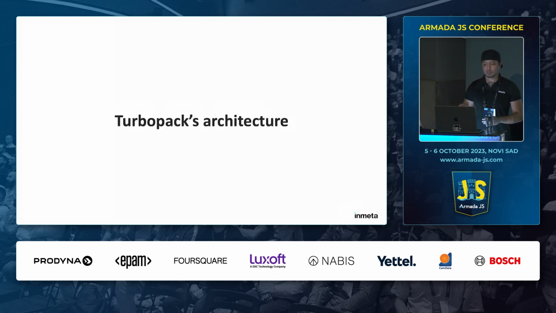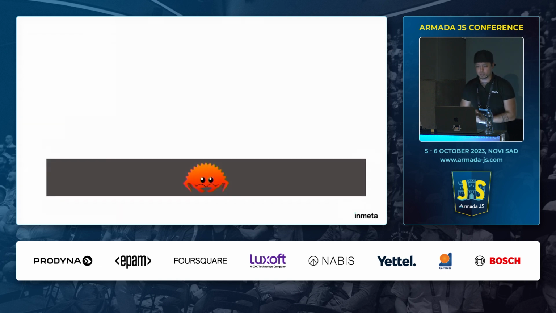Okay, so let's go to Turbopack's architecture, so you'd understand what this Turbopack is under the hood. So Vercel created a learning system using Rust as the base for this Turbopack. Why Rust? Rust offers parallelism, more control over memory allocation, without it being as painful as when you're writing C++.